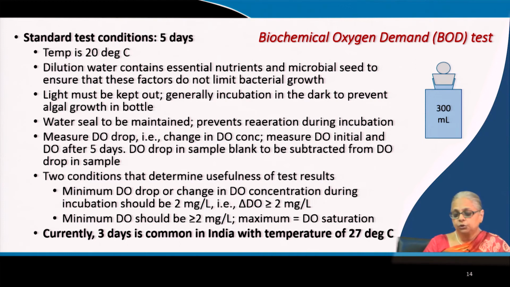So the minimum DO drop or change in DO concentration should be greater than 2 milligrams per liter. The minimum delta DO should be greater than 2 milligrams per liter. The maximum DO by definition will be DO saturation. So these are the two conditions that will determine whether the results of the test can be useful or not.